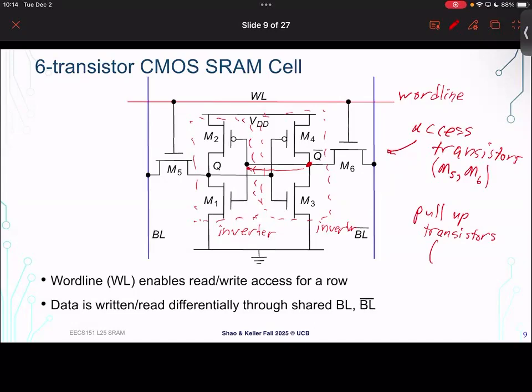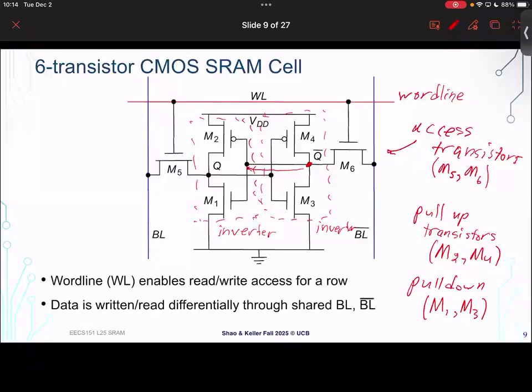Which ones are pull up? Yeah, that's right. The PMOS in the inverters, M2 and M4. And then the remaining ones are the pull down, M1 and M3. Okay, so that's our terminology.